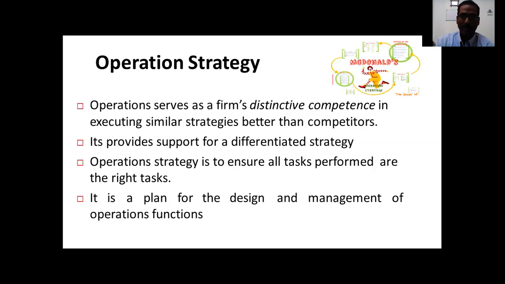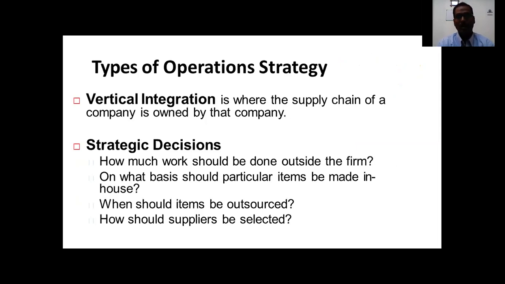It is a plan for design and management of operation functions. This operation strategy will be like a guideline for taking the right action and the right steps in the right process. Types of operation strategy: vertical integration is where the supply chain of a company is owned by that company.